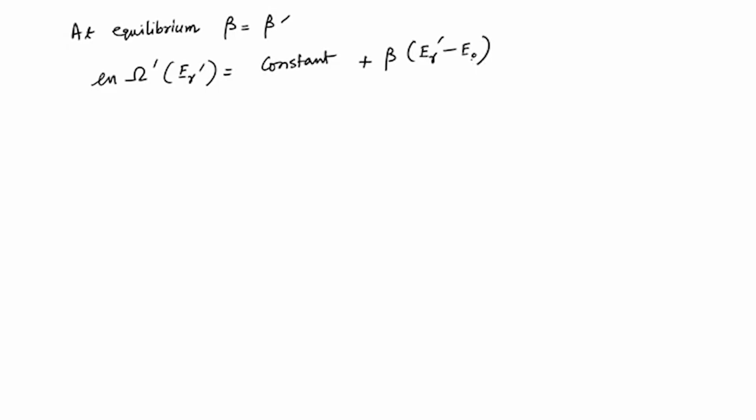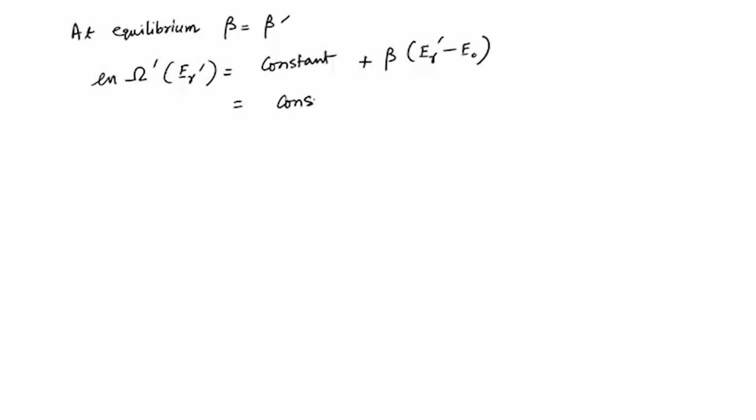I hope you understood why there is just a beta and not a beta prime, because they are the same. Our system exchanges energy with the other members of the ensemble and comes to an equilibrium temperature T. So, T and T prime are the same, which means that beta and beta prime are the same.